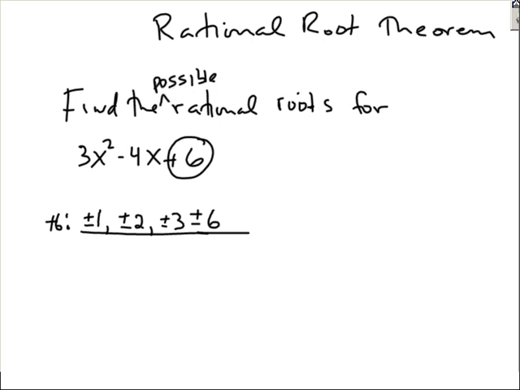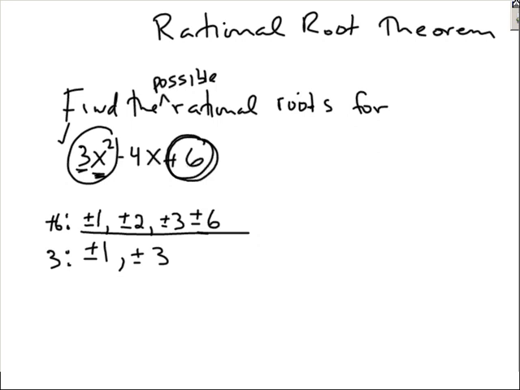Do what we just did to the constant. Then go to the term that has the highest power of x. Not always just the first one. In this case, it's the first one. You have 3. Write down the numbers that go into 3. Plus minus 1 goes into 3, and plus minus 3 goes into 3.